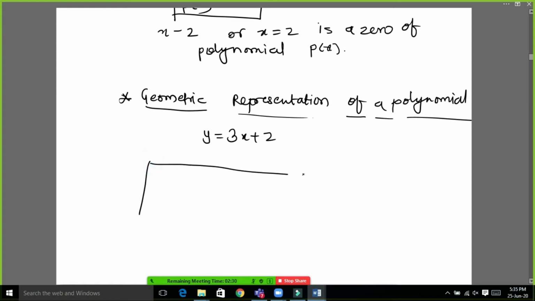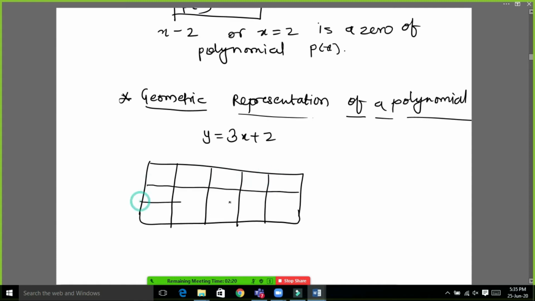That we have already done in class 9. So for x is equal to 1, suppose, 3 into 1, 3 plus 2, we get y value as 5. So 1 comma 5 is the first point.